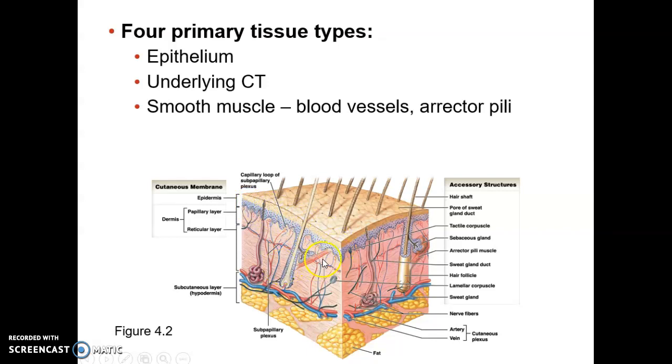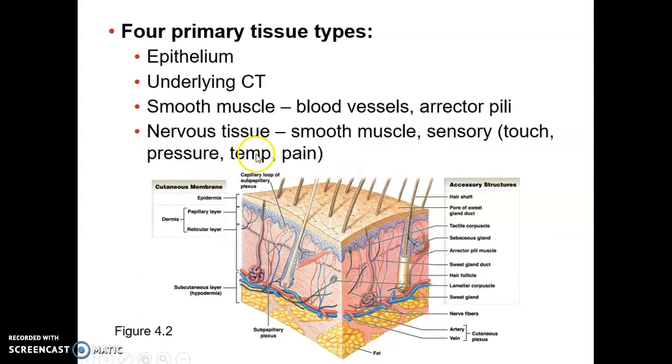And then the smooth muscles are found in the blood vessels, allowing them to constrict and to dilate. So our blood vessels are lined with some smooth muscle, but also there is an erector pili muscle at each hair follicle, and that's that little sliver of muscle you see here that allows the hair follicle to be pulled upright or erect, hence the name erector pili muscle.